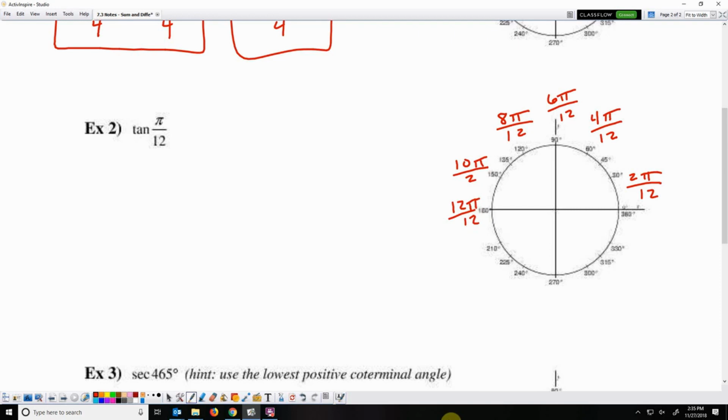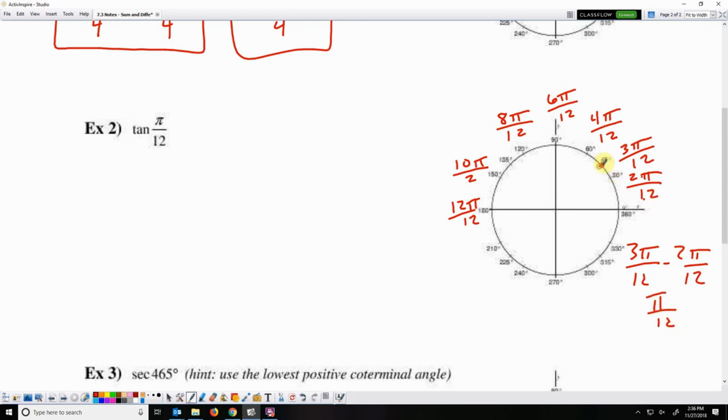We need something that makes 1 pi over 12. So far I'm not seeing any way to do that, so let's go ahead and put in these fourths. This is 1/4, which is 3 pi over 12. Now I can actually see if I do 3 pi over 12 minus 2 pi over 12, that is 1 pi over 12.